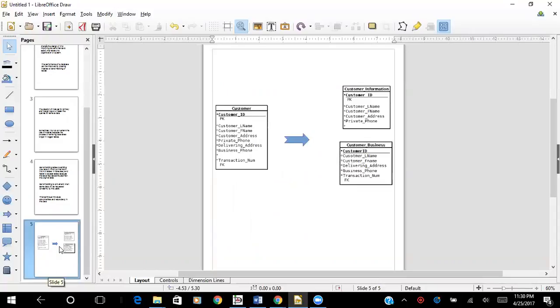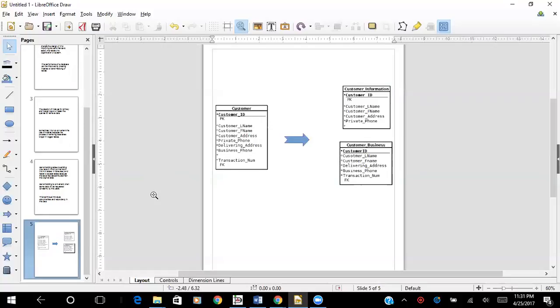Here is a simple example of the normalization of a table. We have a customer table. It has a customer ID, customer last name, customer first name, customer address, private phone, delivery address, business phone, and transaction number.